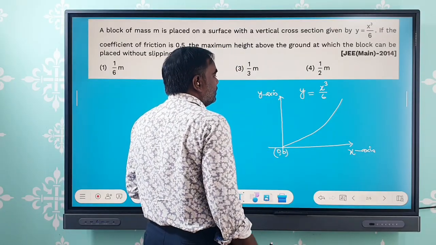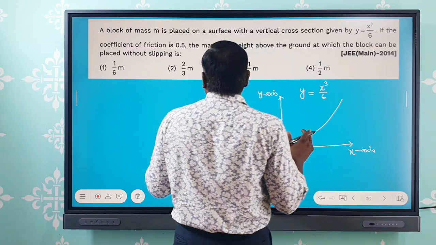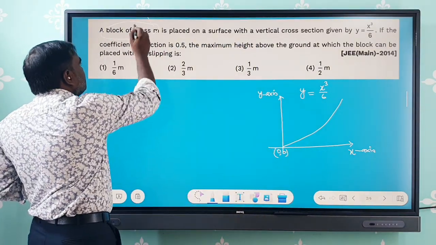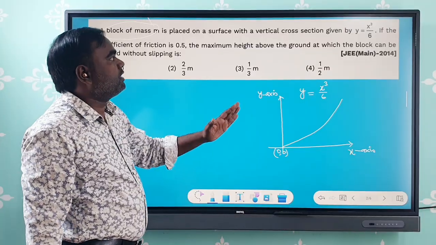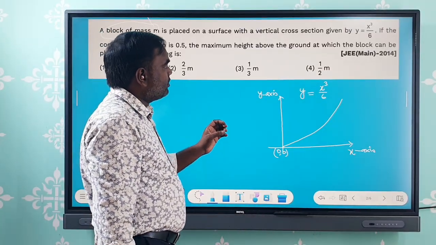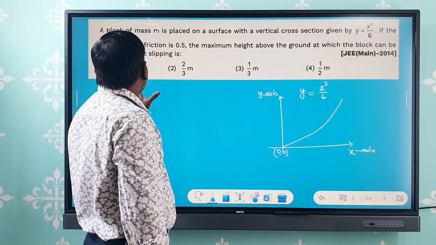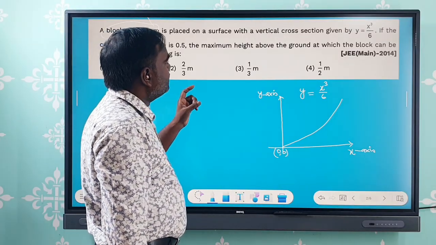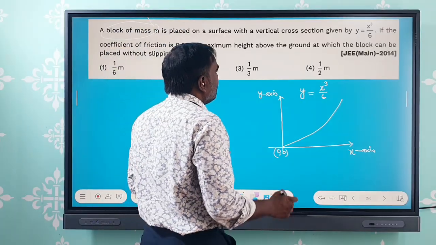So if you want to place a block of mass m on this surface so that it could not slip, you have to determine the height.